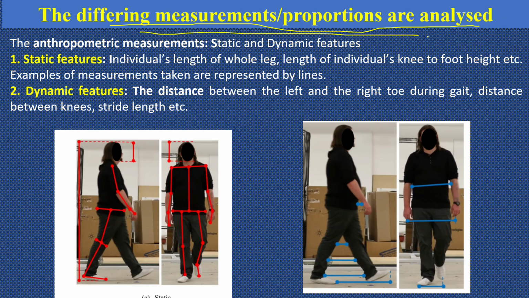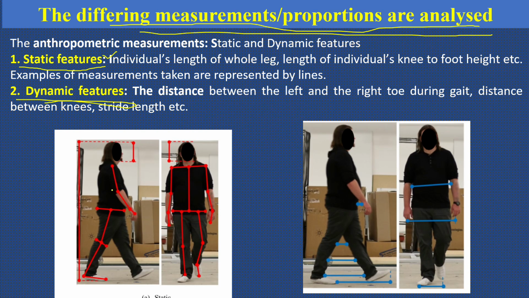There are two types of parameters used for gait analysis: static parameters and dynamic parameters. Both are important. Static parameters are those which are stable and do not change while the person is walking. In this figure, they have highlighted the static parameters, the different lengths.